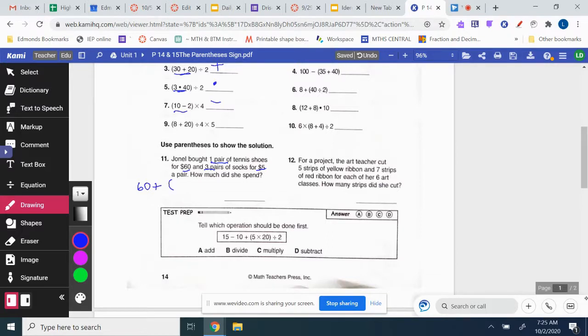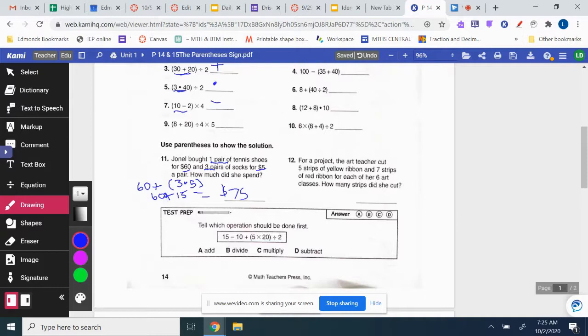So I'm going to put that in parentheses, 3 times 5. And so I have 15 plus my 60. So now I have 75. And don't forget to label it because it is a story problem.